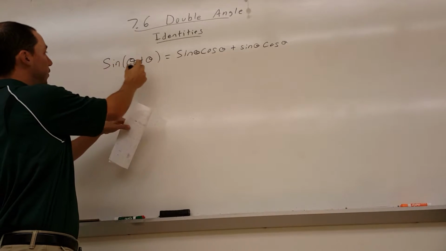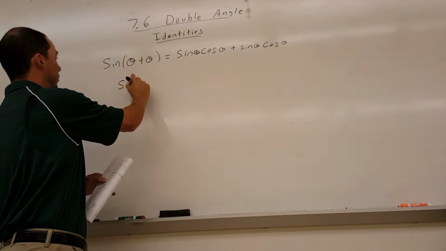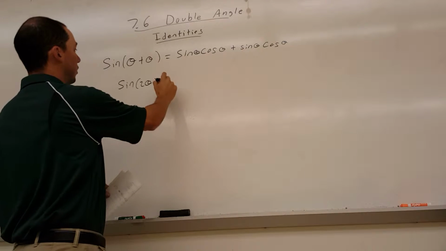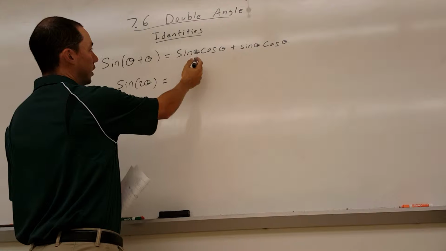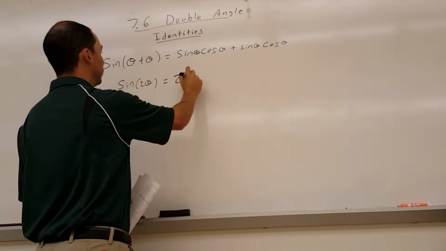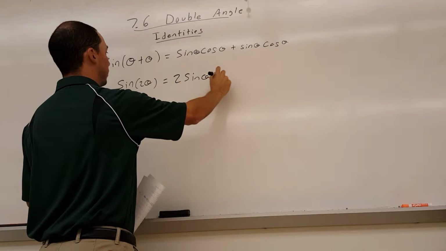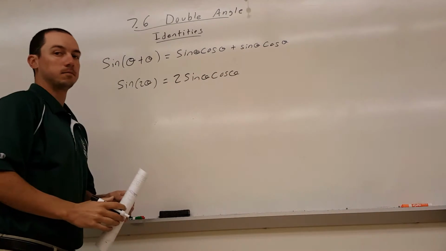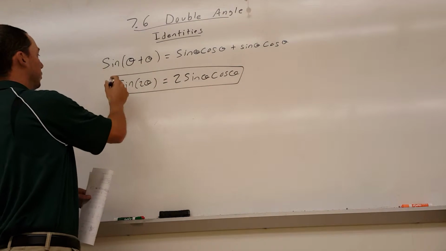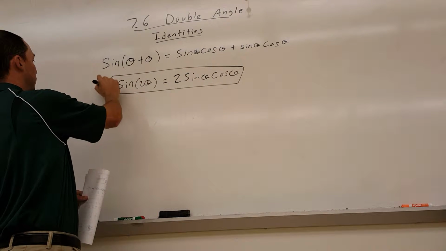Well, the sine of theta plus theta is the sine of 2 theta, that's where the double angle comes in. And then we get sine theta cosine theta plus sine theta cosine theta, which is 2 sine theta cosine theta. So that is the double angle identity or formula for sine 2 theta.